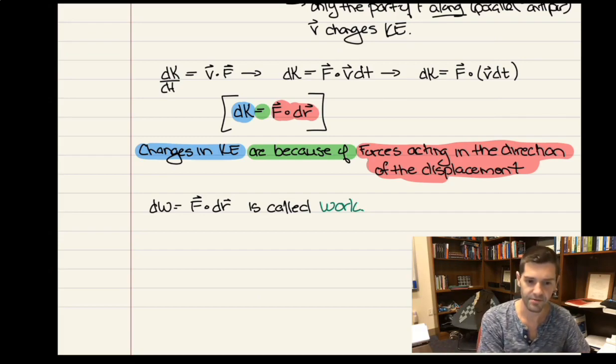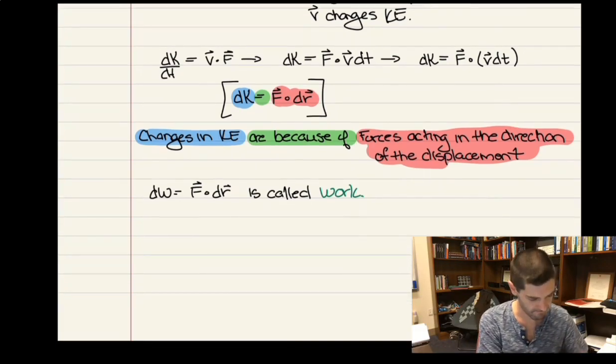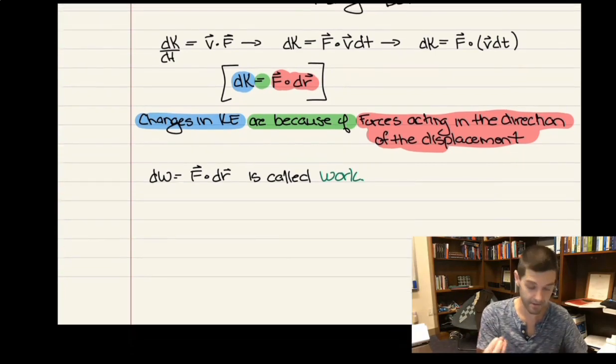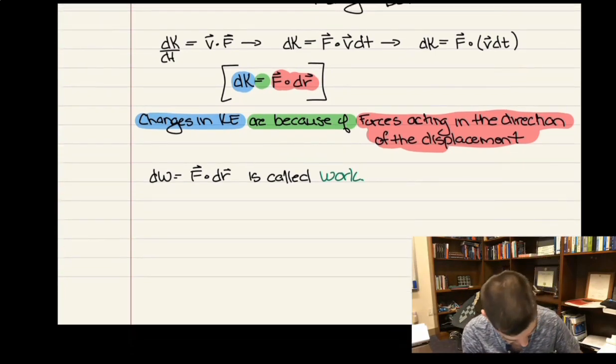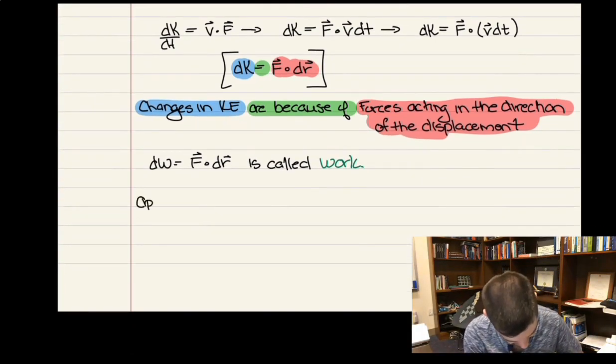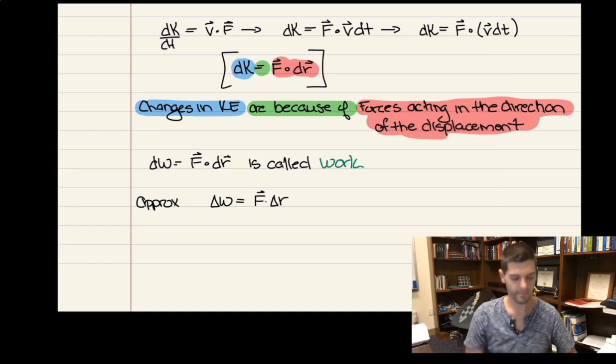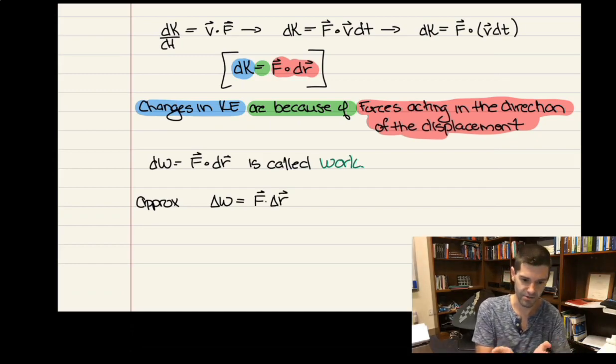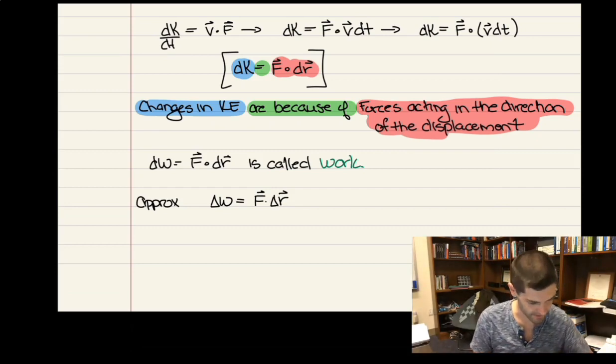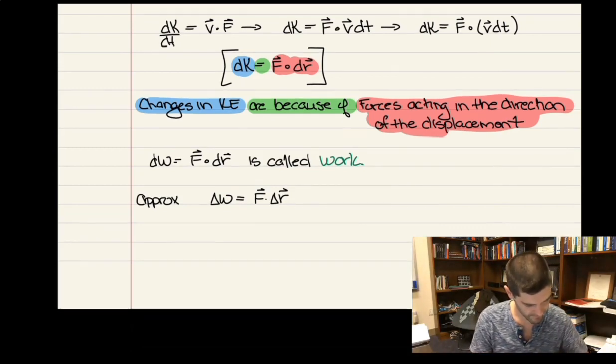If this differential thing scares you, that is the exact calculus way to think about it. The approximate way to think about it might be easier if you think of this as a big delta. In this case, we would just probably call it work.